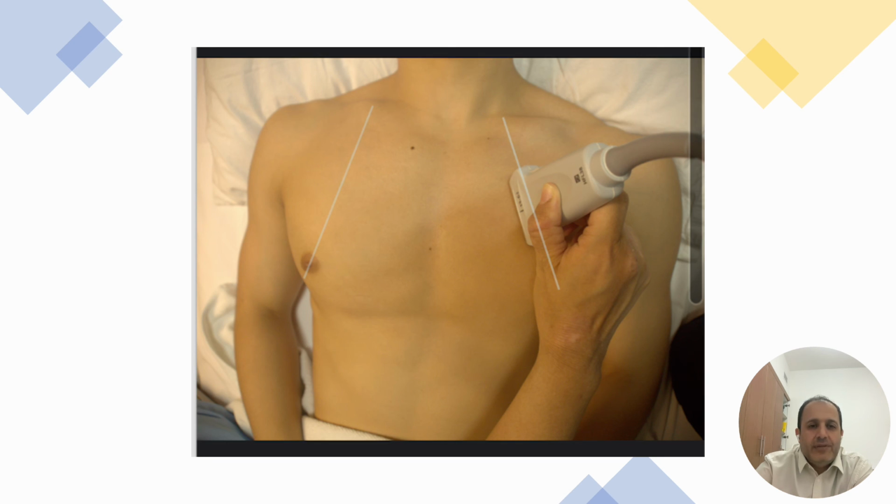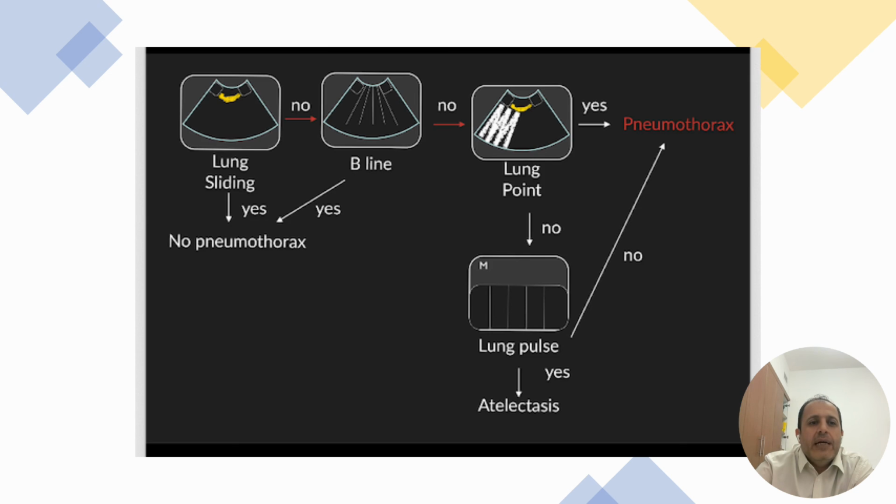So we should keep the transducer like that, vertical. The first thing is we should check for lung sliding. If you find lung sliding, it is not pneumothorax. But we should check at least 5 parts on every side.